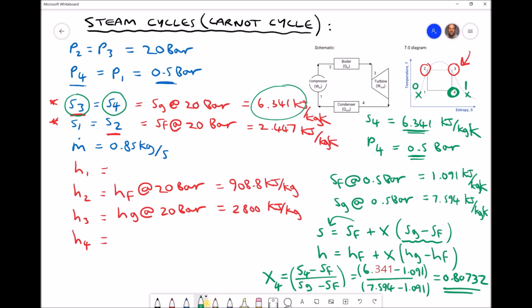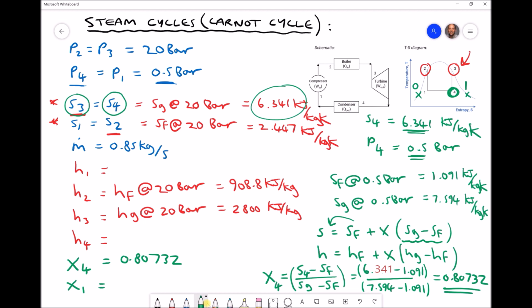Now I'm going to make a note of that dryness fraction on the left hand side because we need to repeat the calculation in order to determine x1. So we have x4 equals 0.80732. Let's make a note, x1 equals, we're going to determine that next.